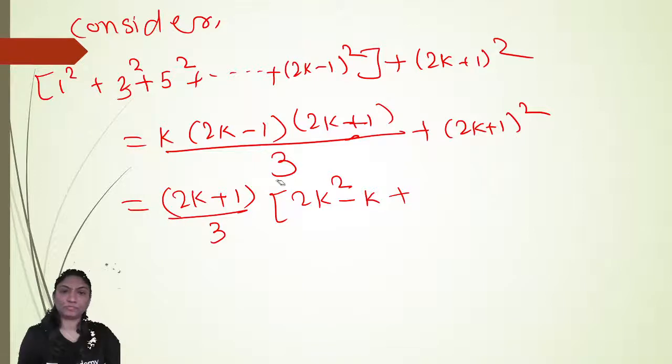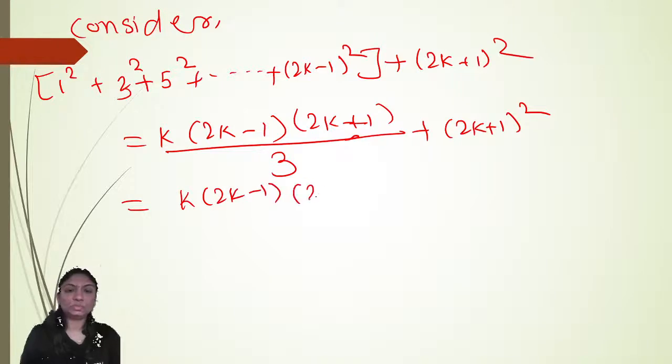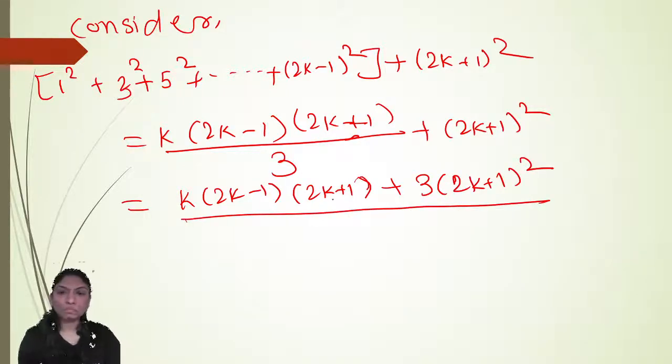First of all, make the denominator the same: k(2k minus 1)(k plus 1) plus 3(2k plus 1) square upon 3 is equal to k(2k plus 1).